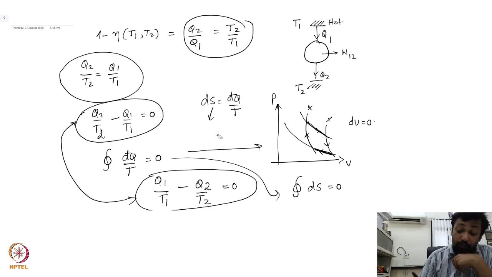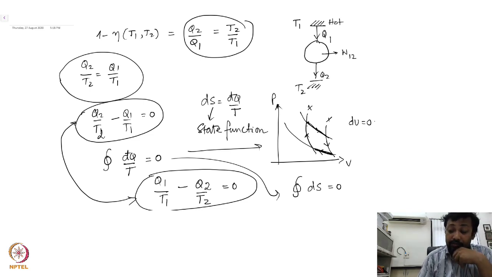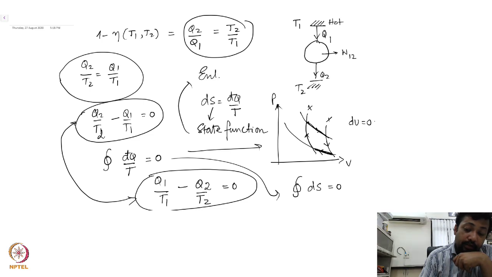Why is it a state function? Just like the internal energy, the system has come back to its original point, this closed integral is 0. The change in this value is 0. This state function is what we call entropy.